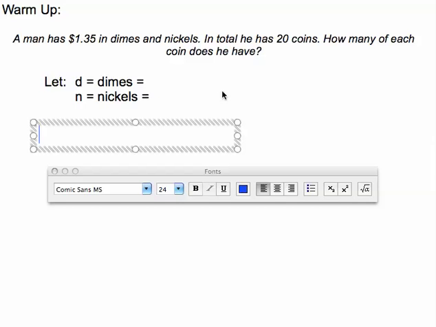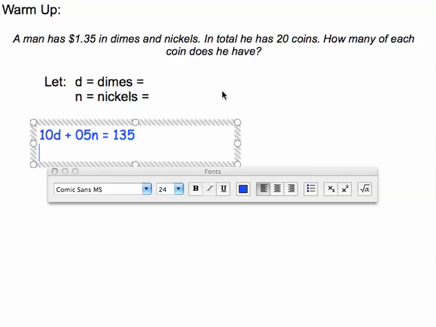But we have to be careful to use the same unit. So we know dimes are worth 10 cents, and we have D amount. We're going to add to that 5 cents per nickel, and we have N amount, and that equals 135 total cents, not 1.35. If we wanted to put the decimal here, we would have to put the decimals in front of the coin value. But we're going to keep it in cents.